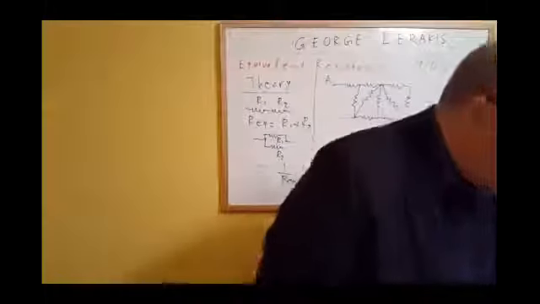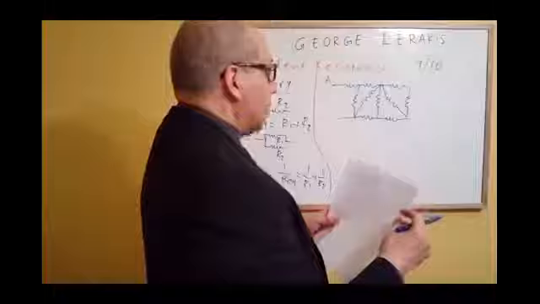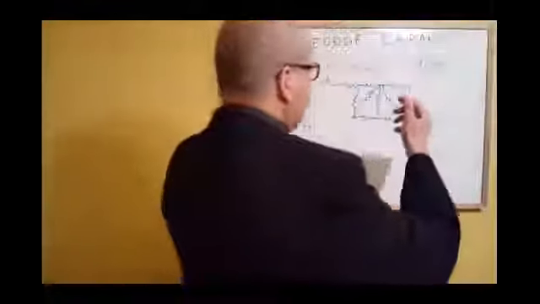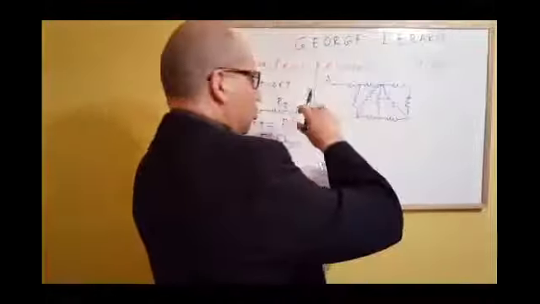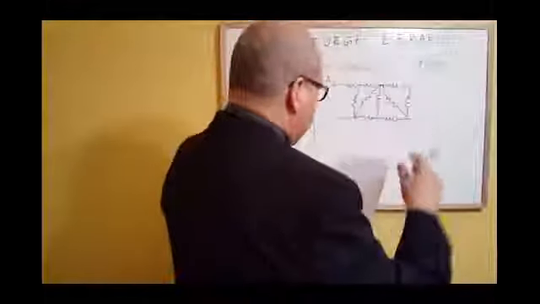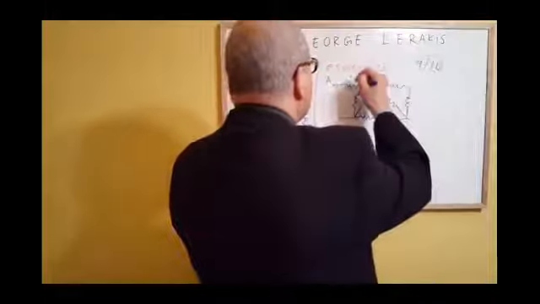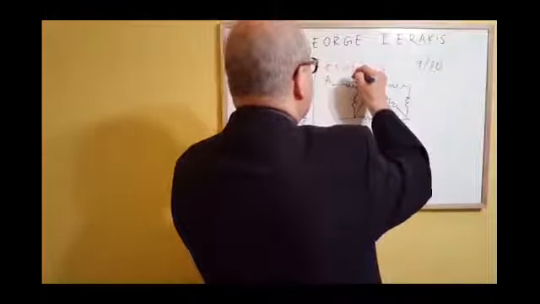Okay. Again, this is a difficult problem, but my point here is to show you that when you use what I will show you in just a minute, any problem is easy. So let's put here the values for the resistors.